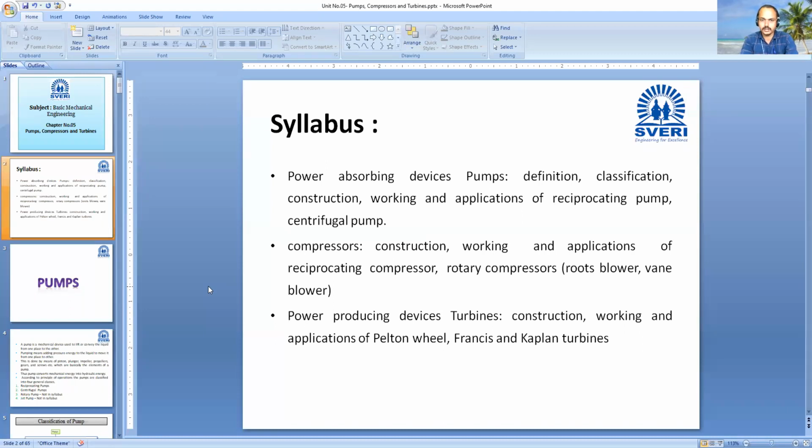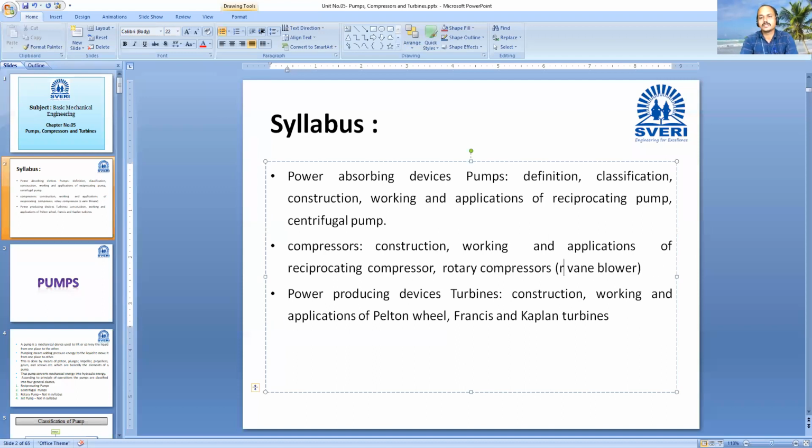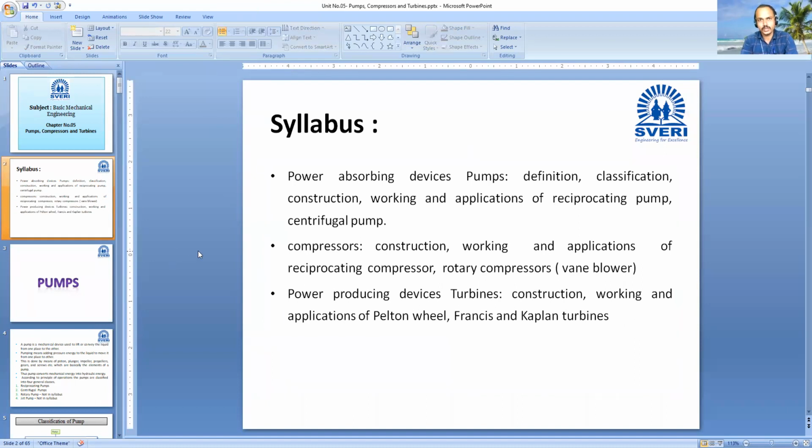Yes, sir. Okay. So 2 types of compressor, that is the reciprocating compressor and the rotary compressor. In a rotary compressor, we have only 1 compressor in our syllabus, that is the vane blower. So only vane blower is there in our syllabus.